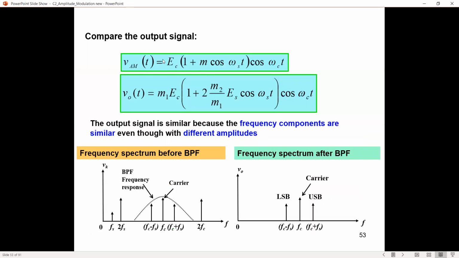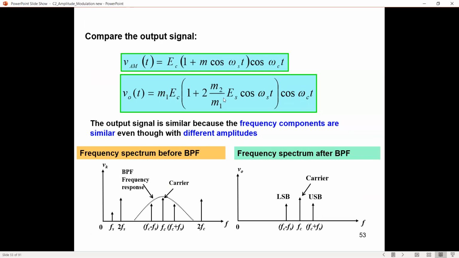The one on top is the one that we learned last week, and this is the one that is output from our nonlinear device. So we can see that instead of EC it became M1 EC.